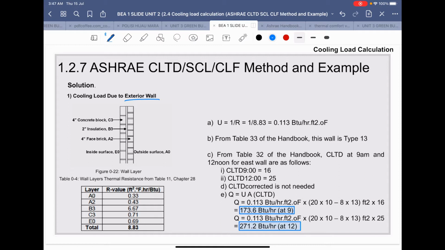As we can see, the wall is built in 1, 2, 3, 4, 5 layers. These layers A0, A2, B3, C3, E0, you can refer to the ASHRAE. Okay, let me show you.